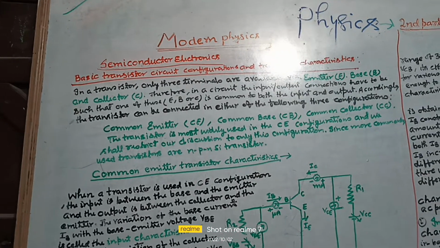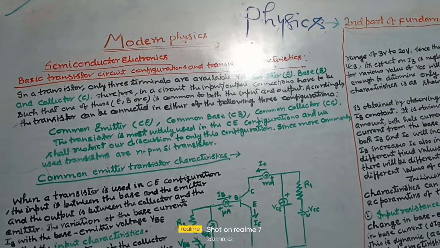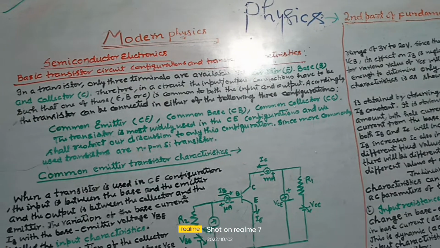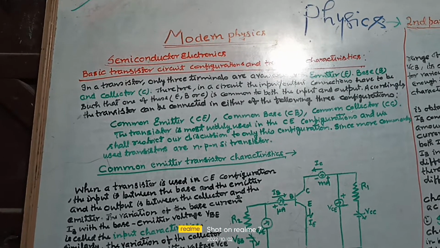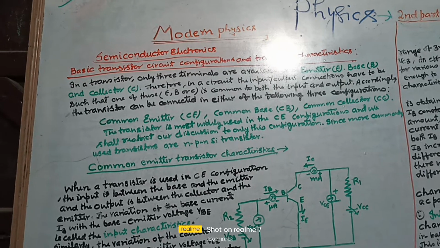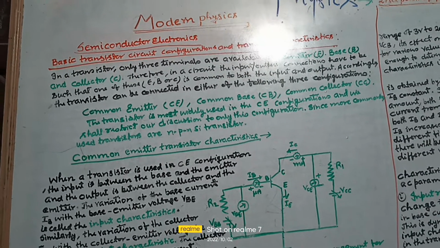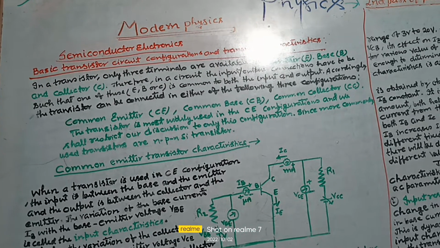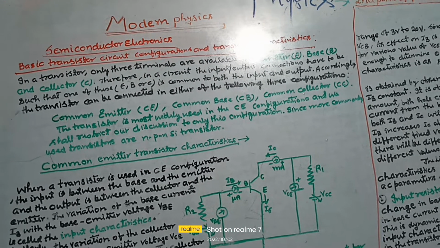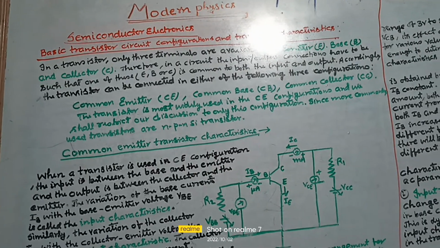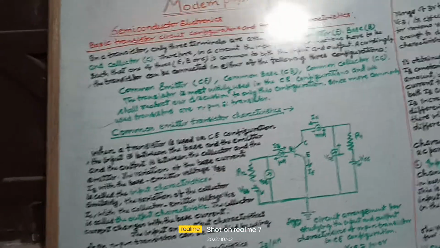The transistor is most widely used in the common emitter configuration, and we shall restrict our discussion to only this configuration, since the more commonly used transistors are NPN Si transistors.